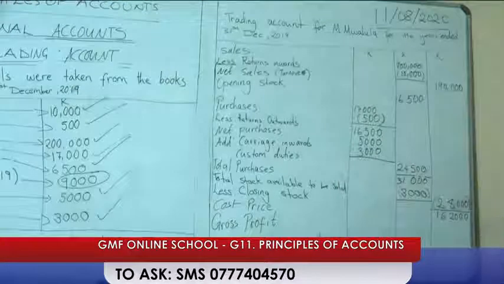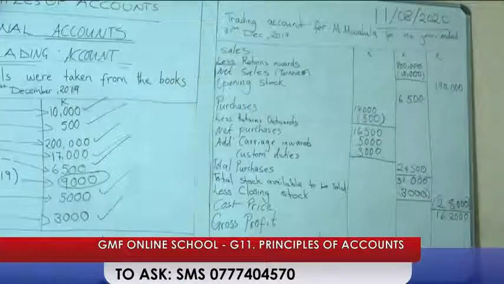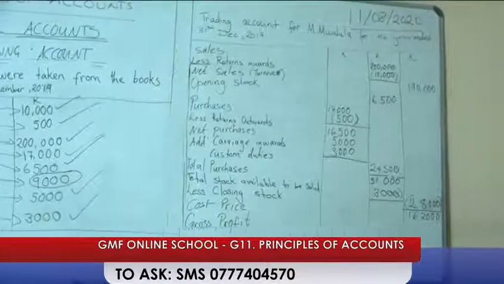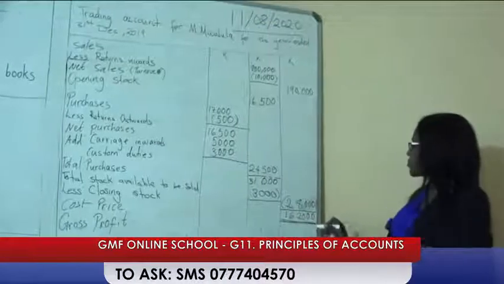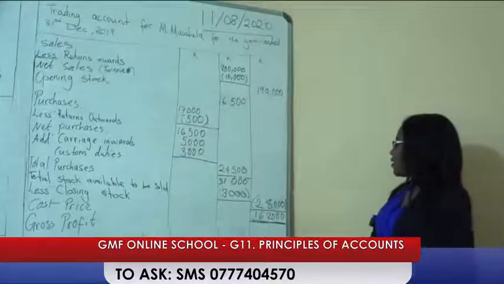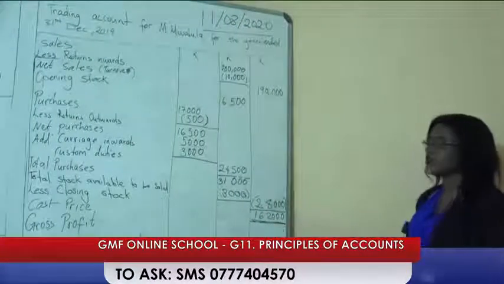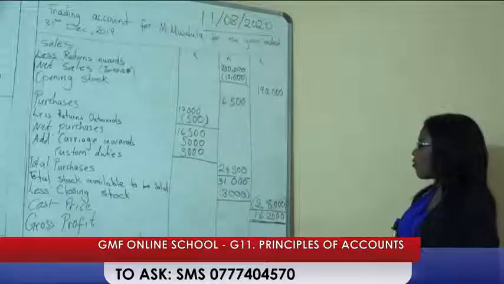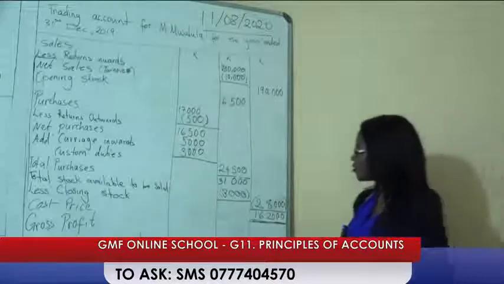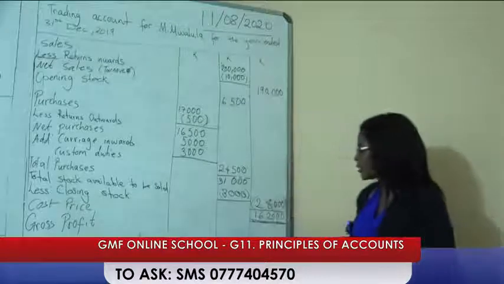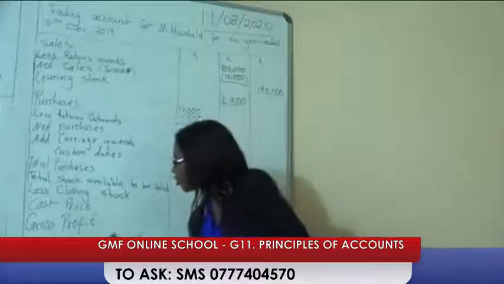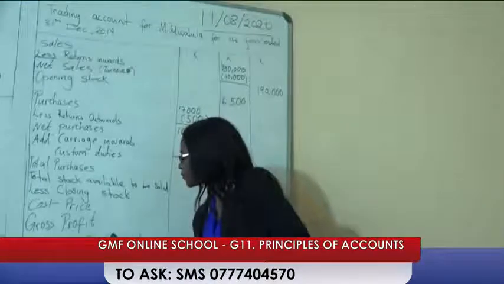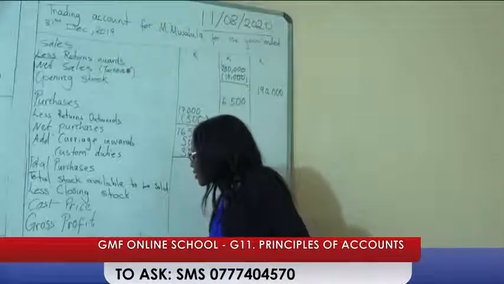Remember, the aim of preparing the trading account is to calculate the gross profit. So in this case, our gross profit is 162,000 kwacha. How do you calculate the gross profit? The gross profit is calculated with the formula below. Gross profit is equal to selling price.